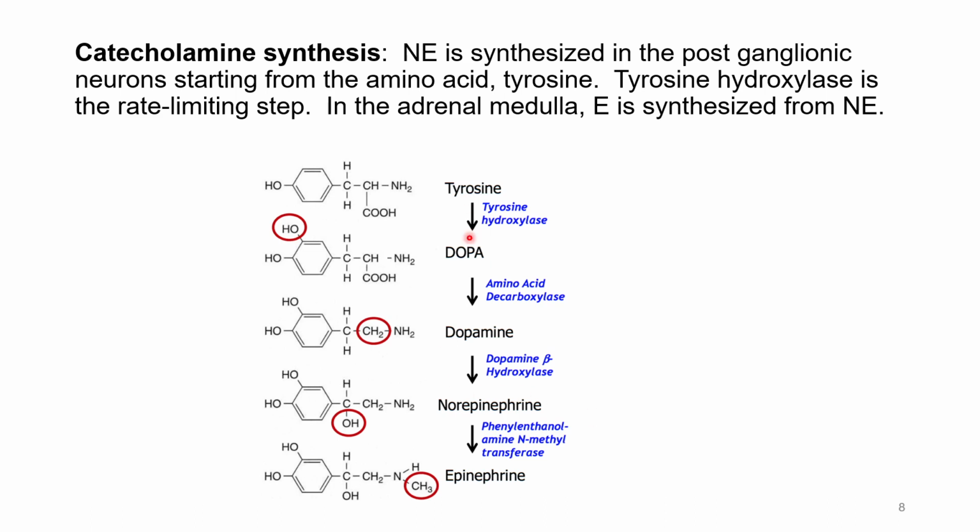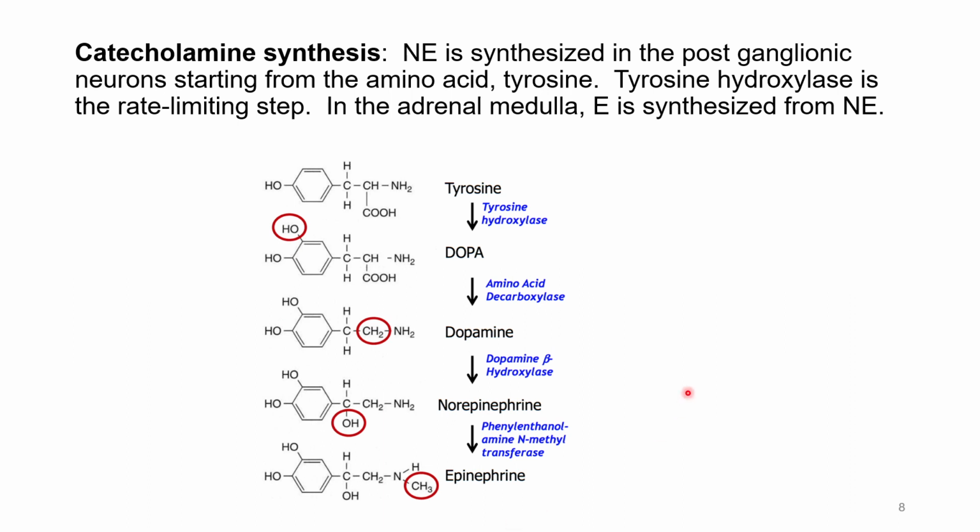So all of the steps all the way up until norepinephrine are going to be occurring in the postganglionic neurons. The final step, norepinephrine to epinephrine, this is important. This is only occurring in the adrenal medulla. It is not happening in postganglionic neurons.